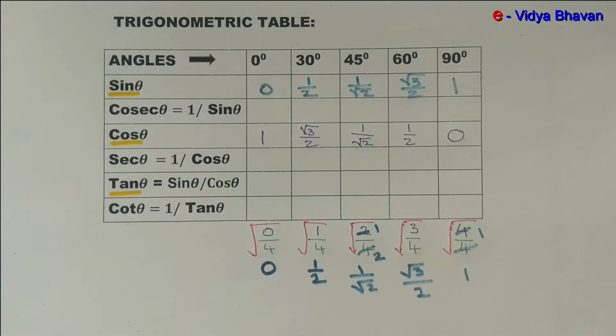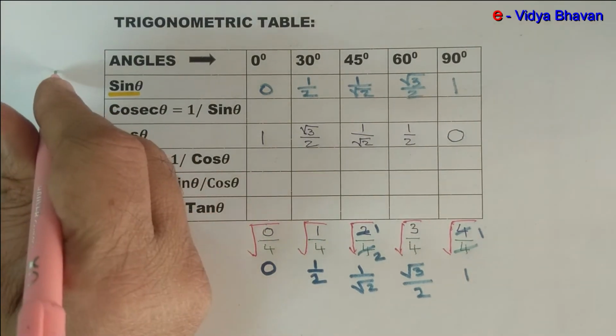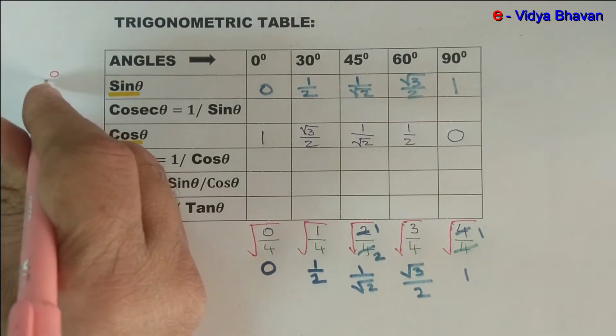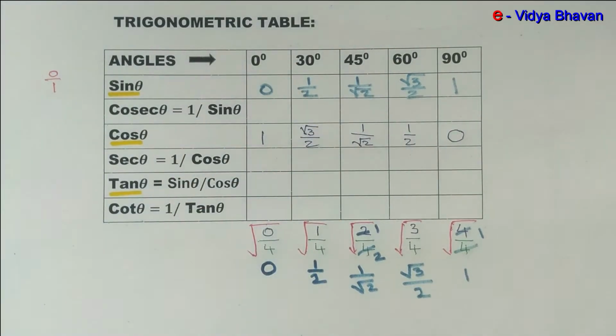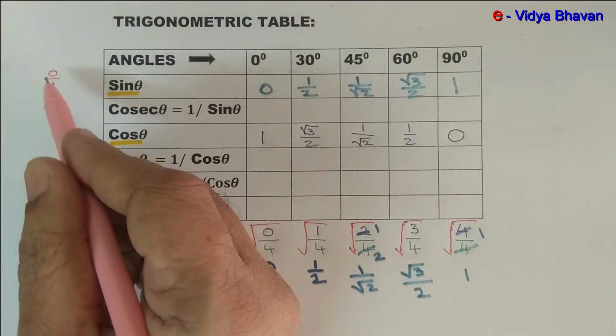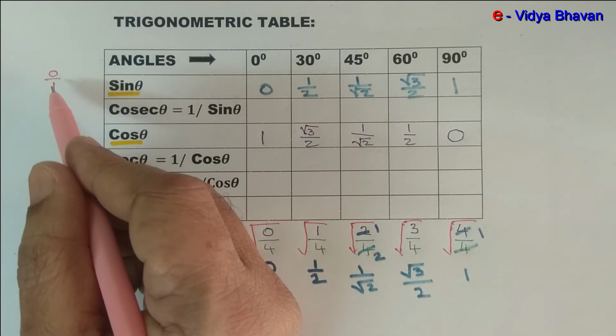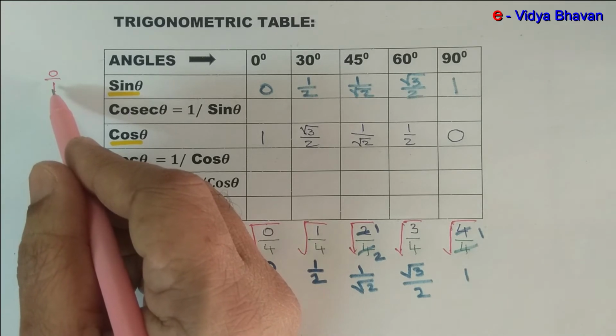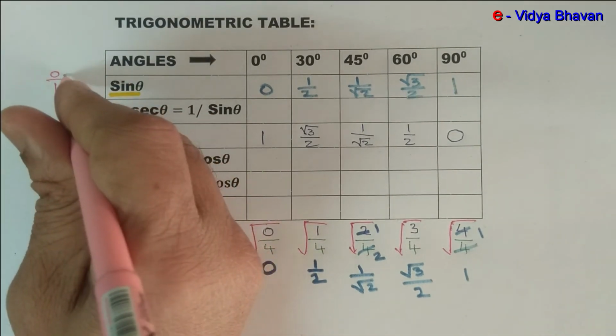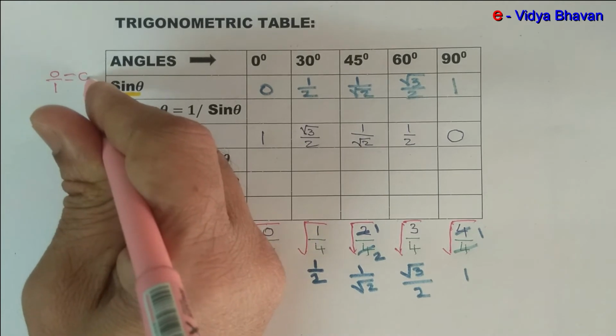Before going ahead, we will first learn some important terms. 0 upon 1: if the numerator is 0 and the denominator is any number other than 0, then the value is 0.